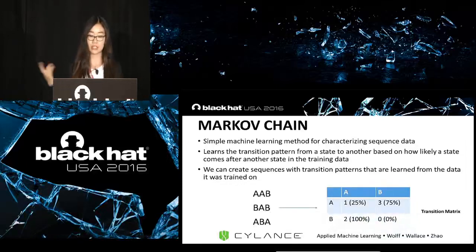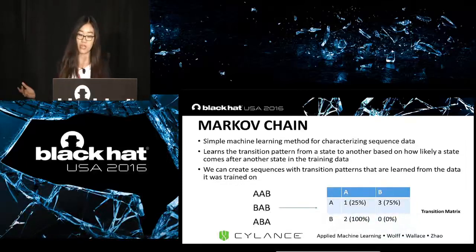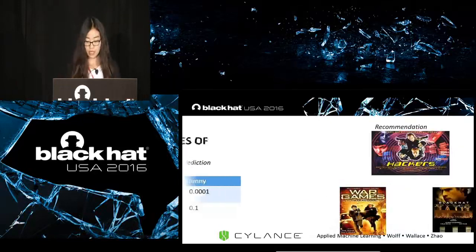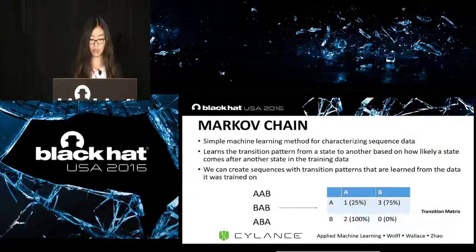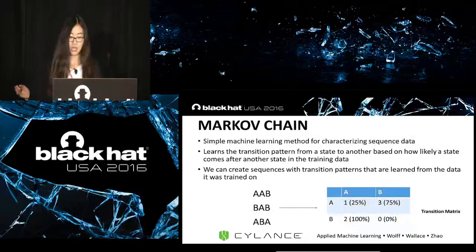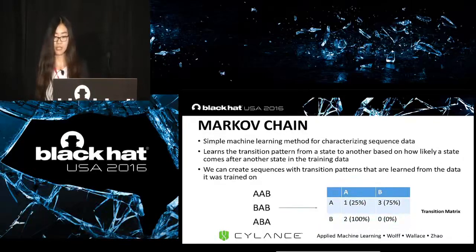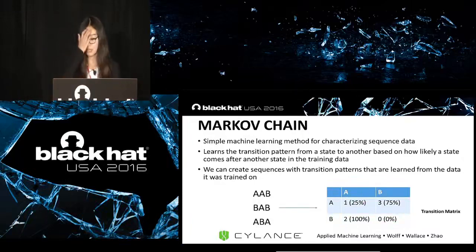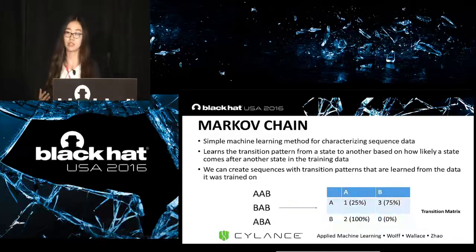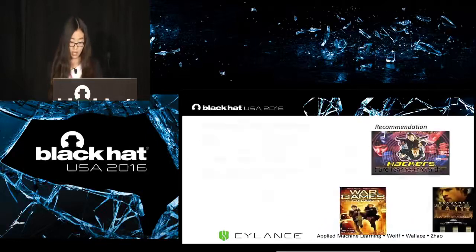And here is an example of 3 sequences, and we can tell from all these samples that B will be more likely to follow A, and A will be more likely to follow B, but A will be less likely to follow A, and B will be less likely to follow B. And based on this, we can generate sequences following the same pattern.